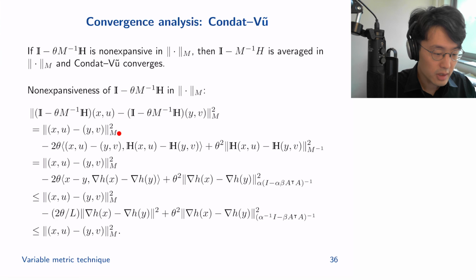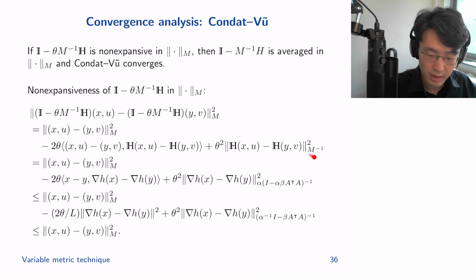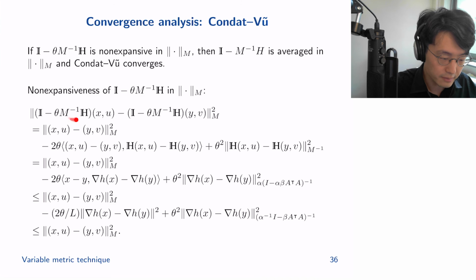Now note that this norm is the M norm, and you would expect that because we have identity, so here we have (x, u) and (y, v), and we subtract them and then we have the norm squared. But here we have the M inverse norm, and the reason we have the M inverse norm is that this term corresponds to this second part here.